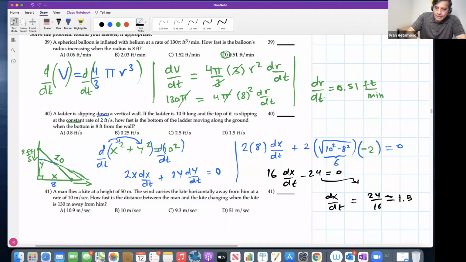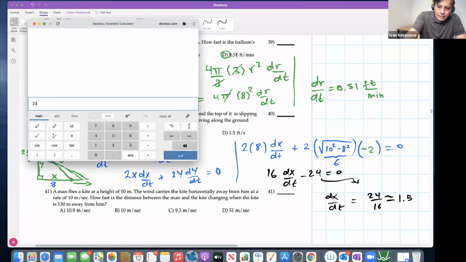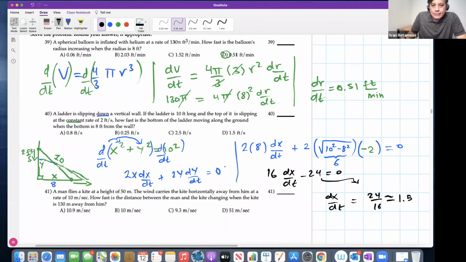You get this with a calculator, 24 divided by 16, 1.5. Very good, guys. At the end, feel free to attach the units. Lengths are measured in feet and time in seconds, so feet per second. So this is 1.5, positive because x is increasing over time. Makes sense. Very good. Excellent.